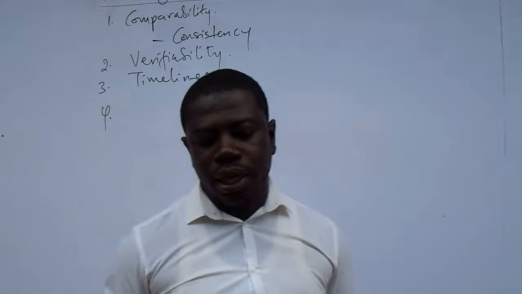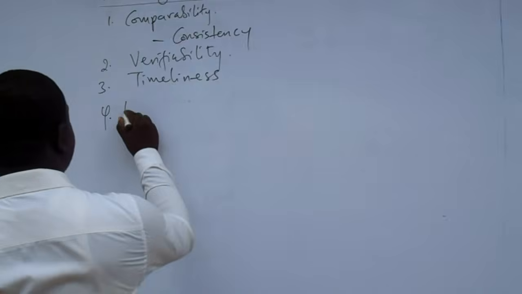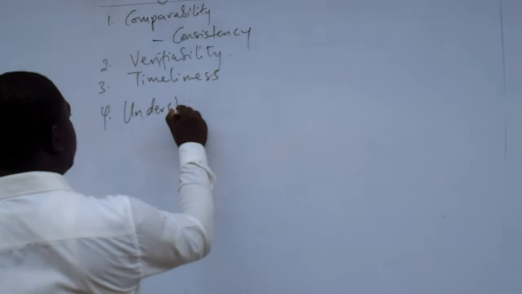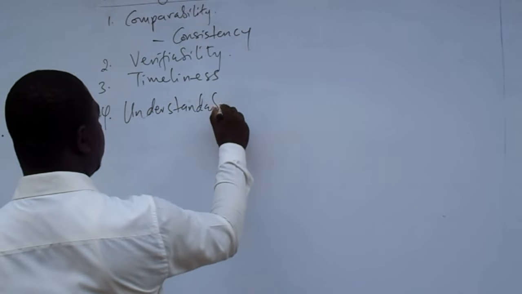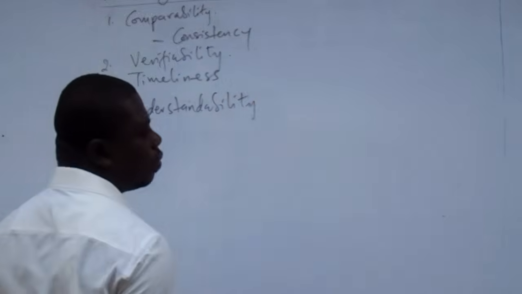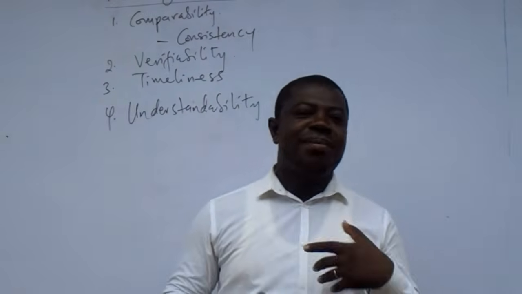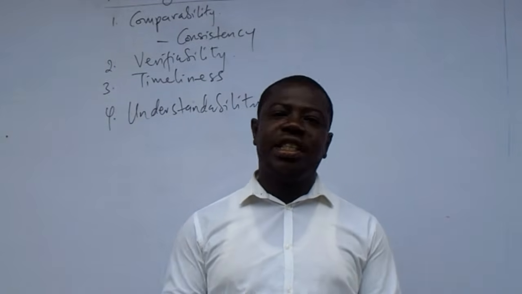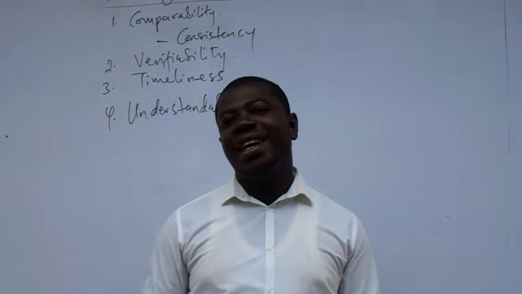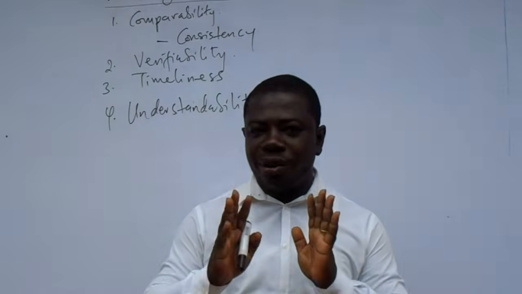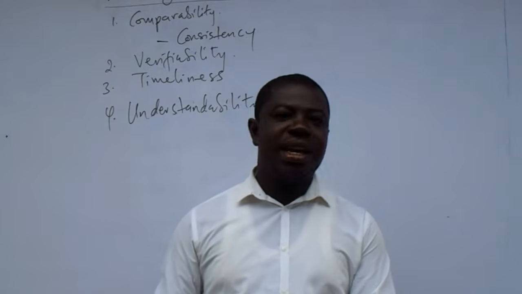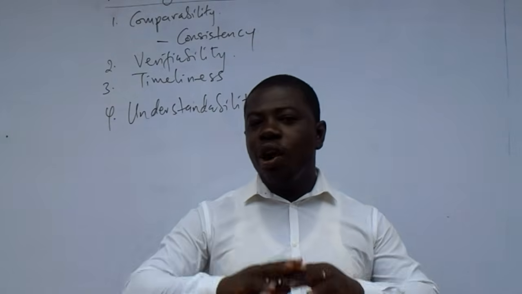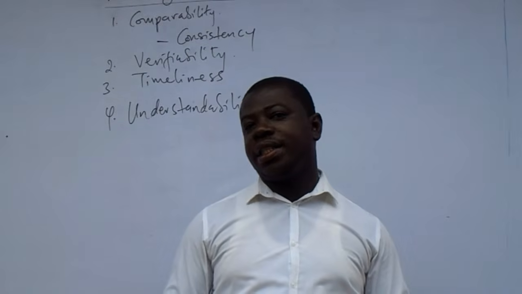And then finally, we want to talk about understandability. Understandability. Very simple to understand. That is what we mean. That financial information should be presented with the right classification and then clearly stated in a way that will make it easier to understand.